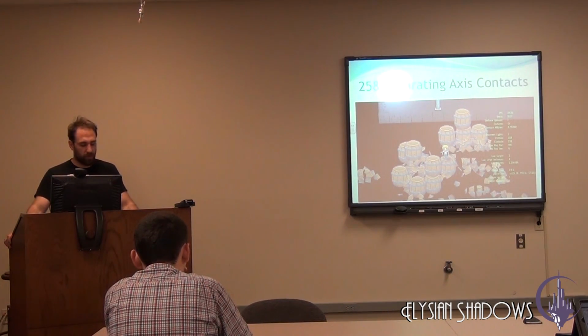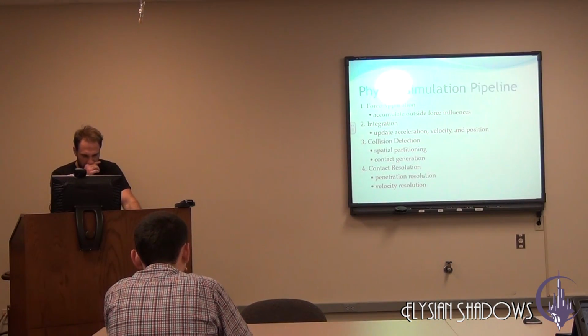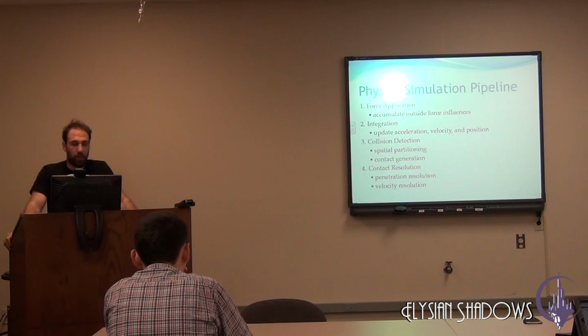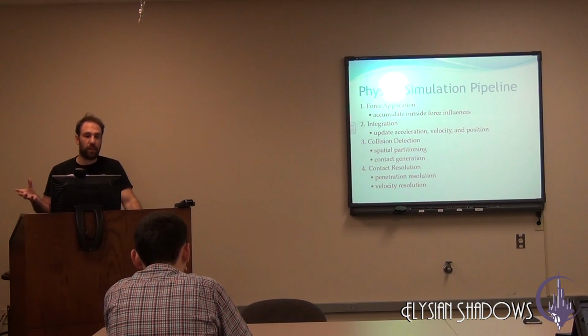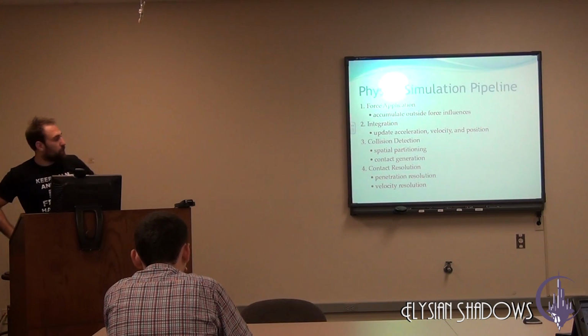It was his old GPU class, for a video game we're developing. This is 258 separating axis contacts. That's what's cluttering the ground, basically little particles. And it runs pretty well, 60 FPS.